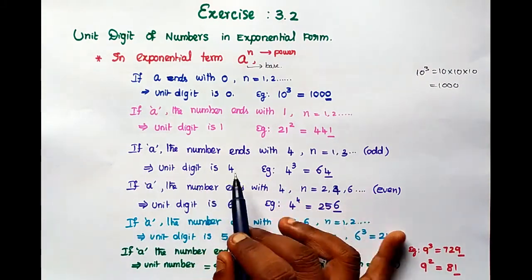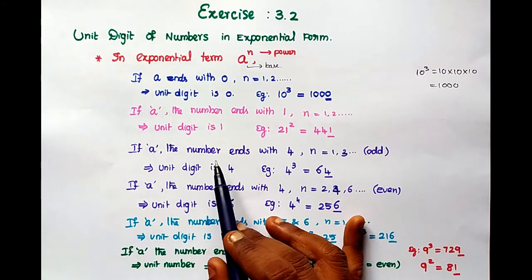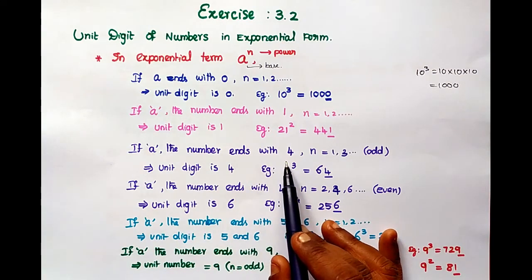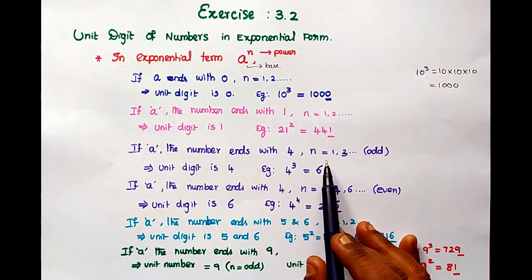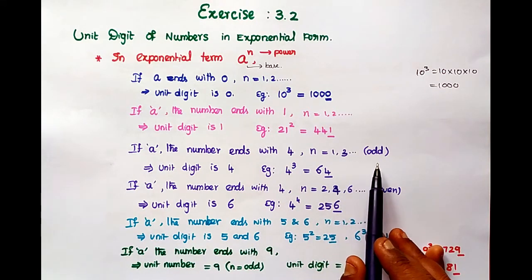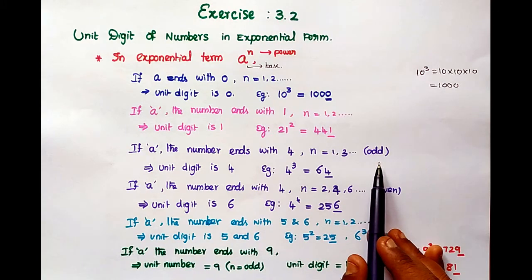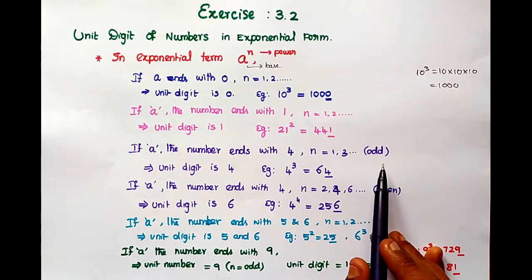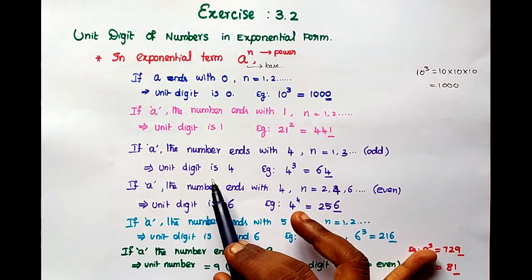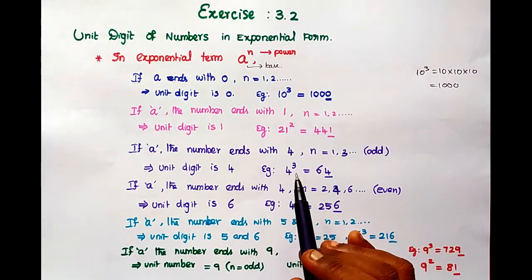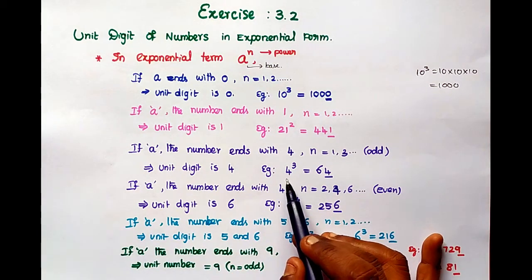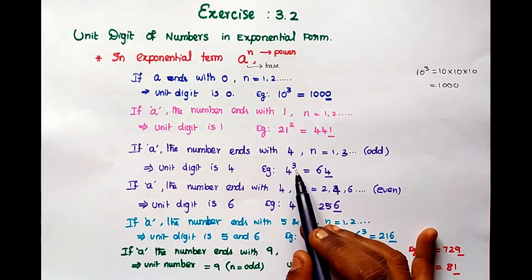And then if the base ends with 4 and n equals 1, 3, 5, that means odd numbers, the powers being odd numbers, we get the unit digit of the result as 4. Listen, the base number is 4 and the power is 3.